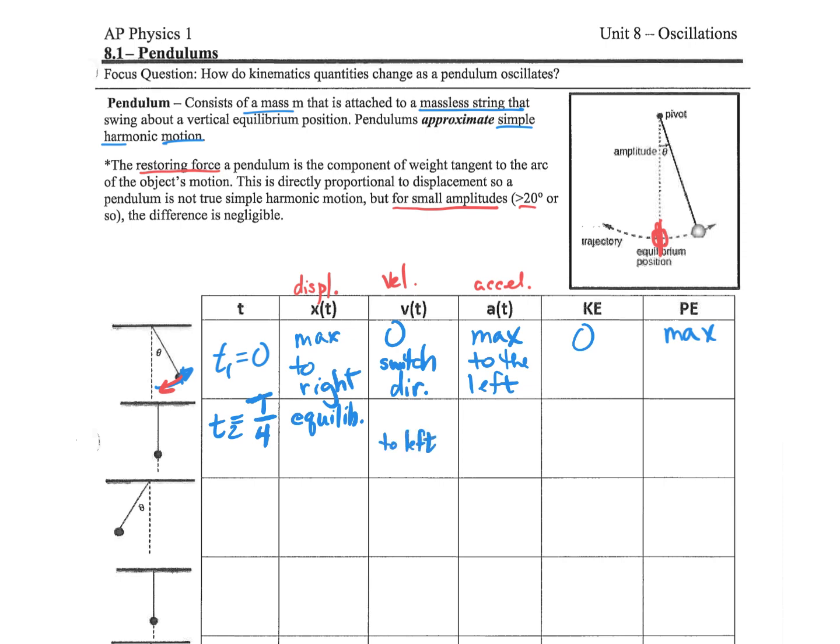Where's it going its fastest? Where did we say it was going its fastest? Look at the kinetic energy. Kinetic energy is maxed, isn't it? If the kinetic energy is maxed, what does that tell you about the velocity? Also at a max, isn't it? So it is maximum velocity to the left. Kinetic energy is at its max. What about the potential energy? Look at the graph. What do we notice about the potential energy?